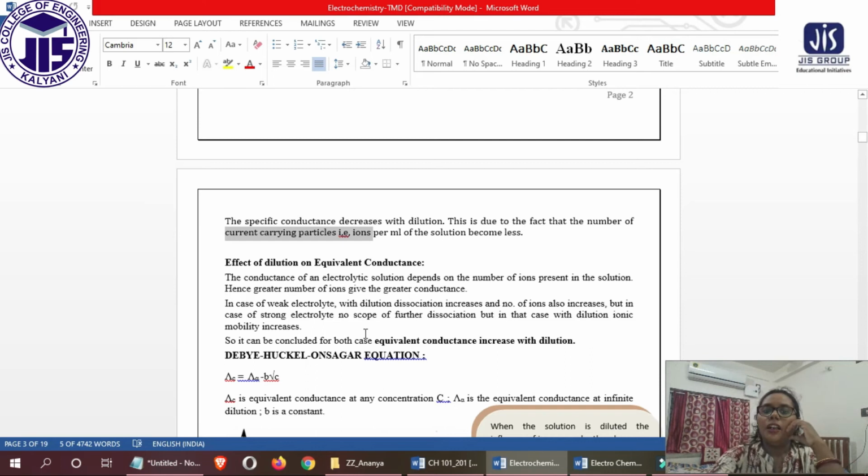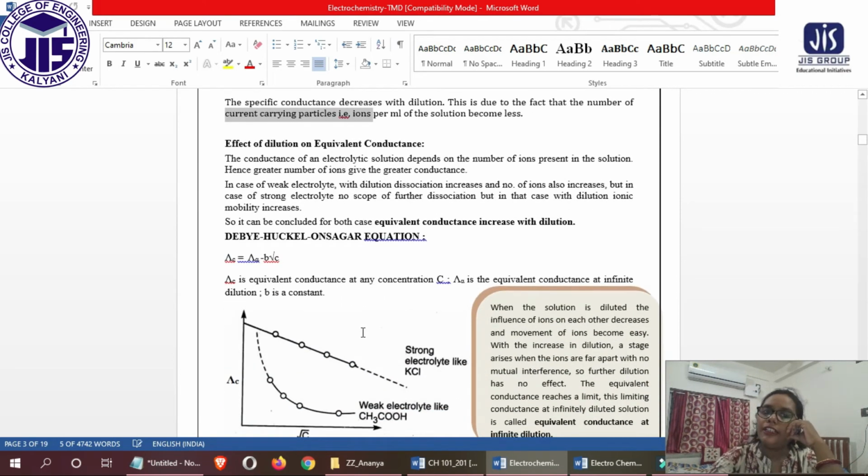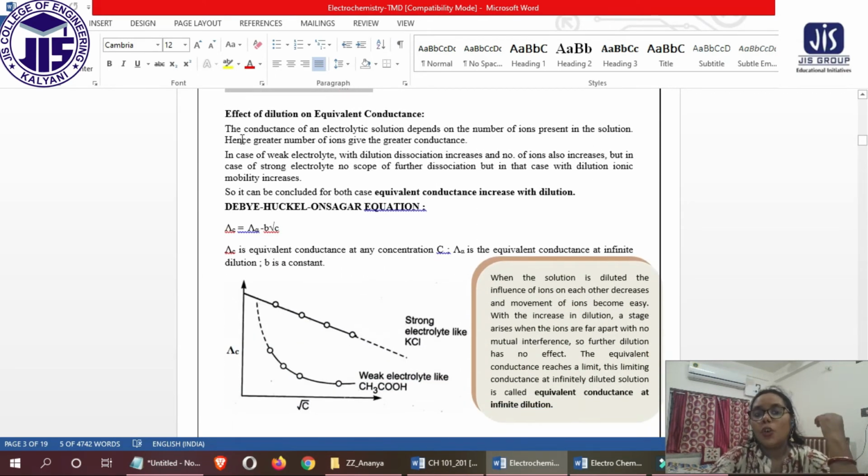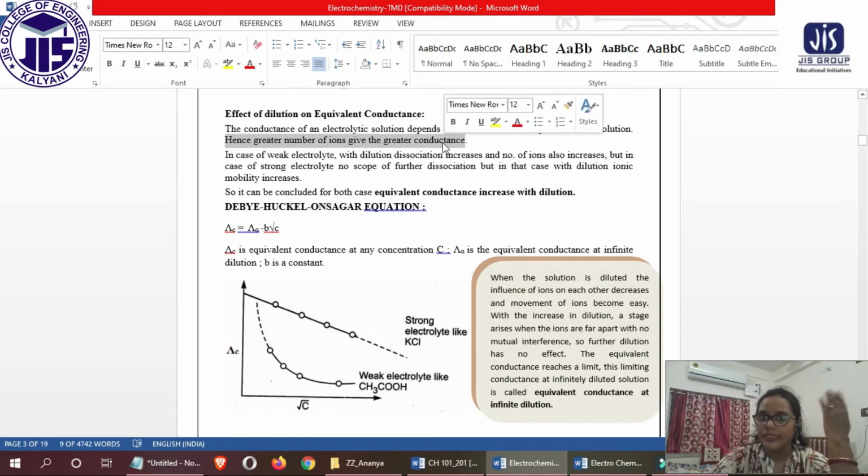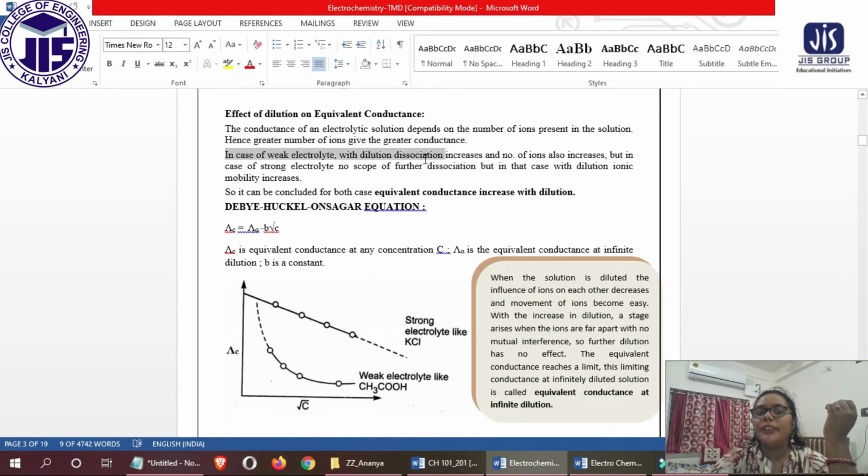Now, the effect of dilution on equivalent conductance. The conductance of an electrolytic solution depends on the number of ions present in the solution. Hence, a greater number of ions gives greater conductance. In the case of a weak electrolyte like acetic acid, dissociation increases with dilution.